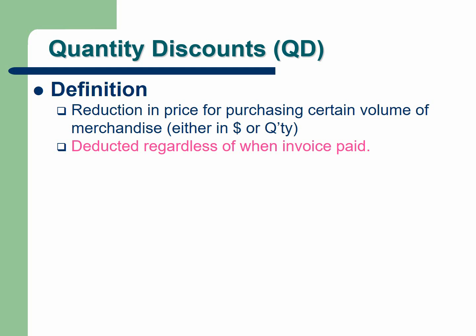If the buyer's purchase meets the certain volume criterion, then the buyer will get the discount. And just like the trade discounts, quantity discounts are also deducted regardless of when the invoice is paid. So quantity discounts have nothing to do with the actual payment timing. And that was the same case for the trade discount as well.